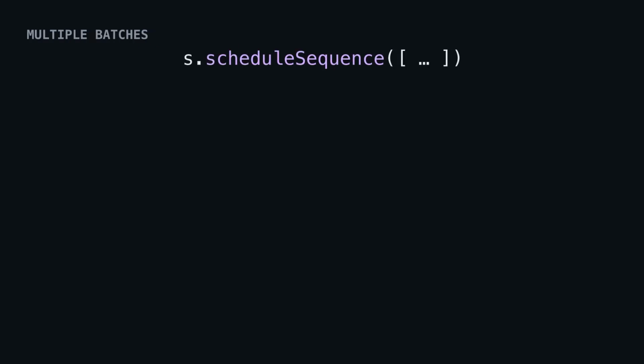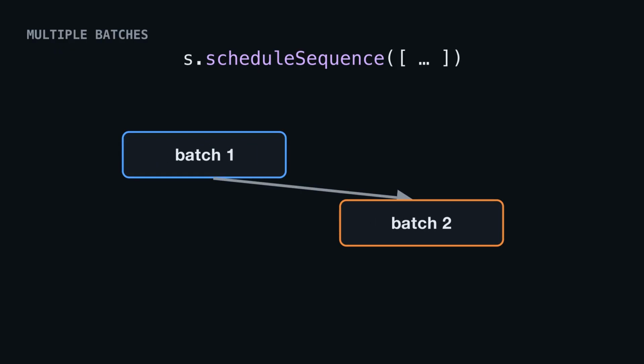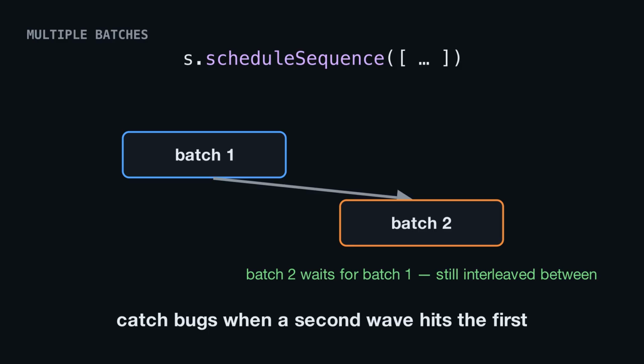There's a subtler case. So far we fire every call in one synchronous burst, but real systems fire calls in waves. A batch, then later, another batch on top of the first. To model that, fast-check gives us s.scheduleSequence. You hand it a list of steps and it runs them strictly in order.